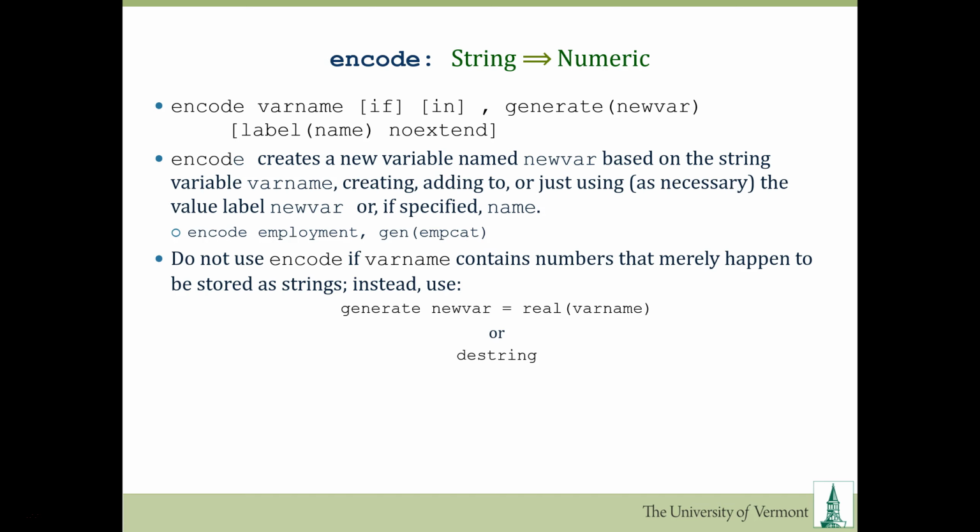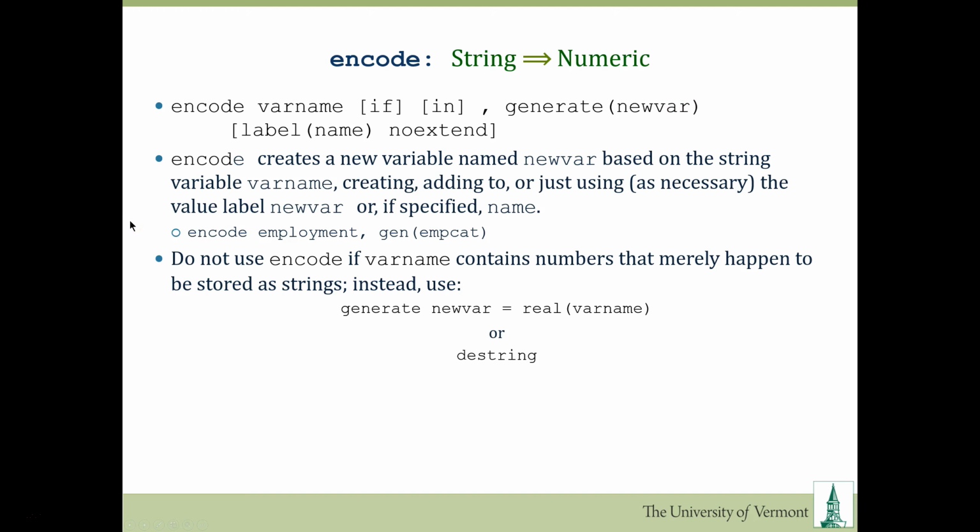Let's talk about converting string variables to numerics. There's a command called encode that takes a string variable name and generates a new variable that is based on the string.